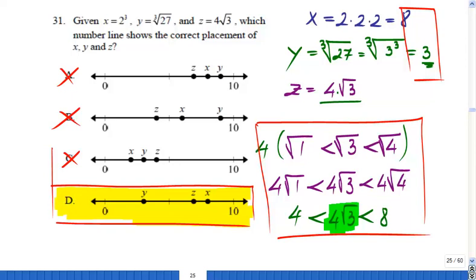As you notice, your y is the smallest number, which is 3. Your 4 square root 3 is between 4 and 8, between this 5 in here, you may say, and 8, which is your x section.